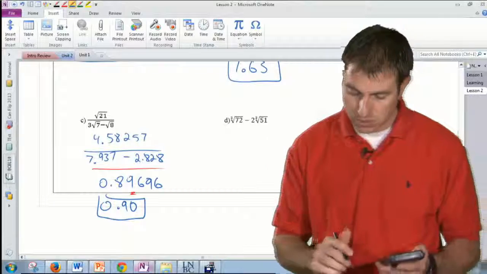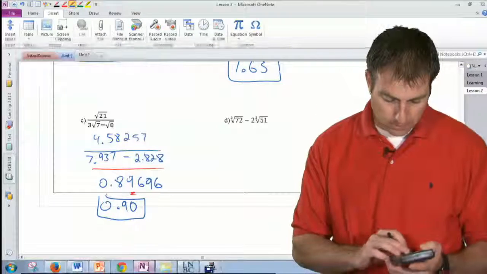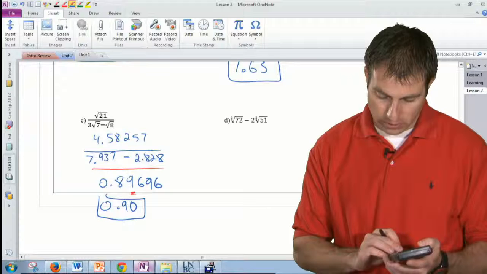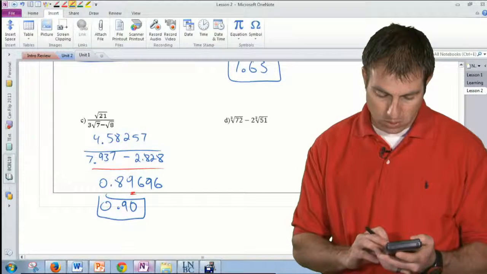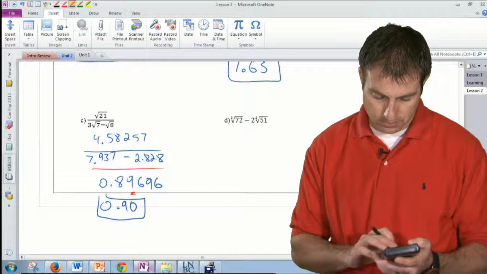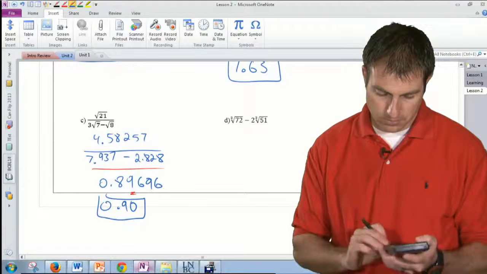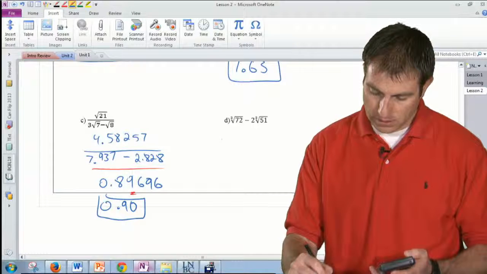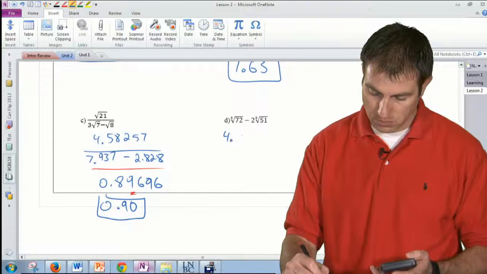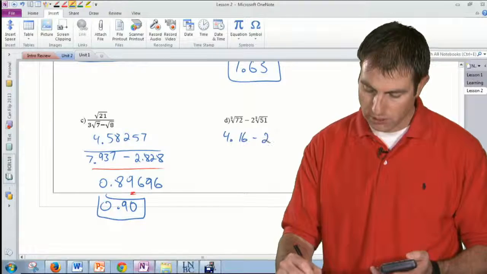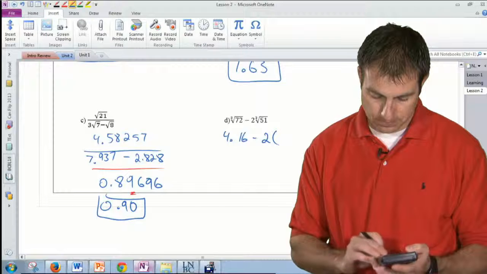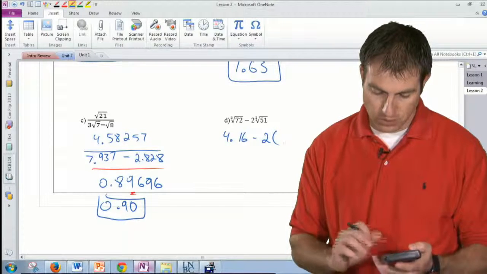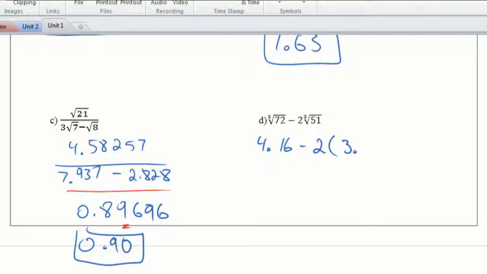And the last one's cube roots. So making sure you know how to use the cube root on your calculator. I'm going to take the cube root of 72, which is going to be a decimal. So that's going to be 4.16. I'm going to have 2 times the cube root of 51. I can do this in 2 steps as well. 3.708.